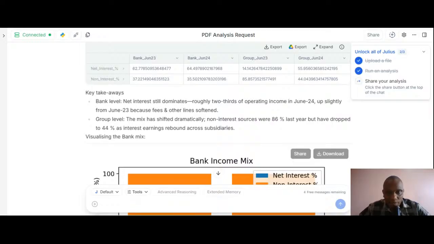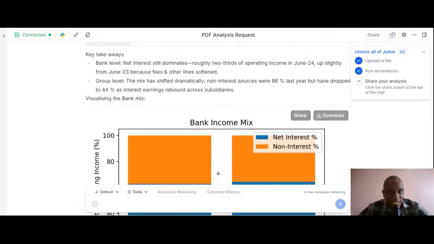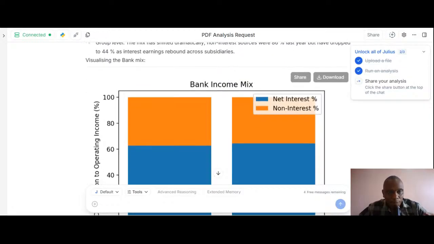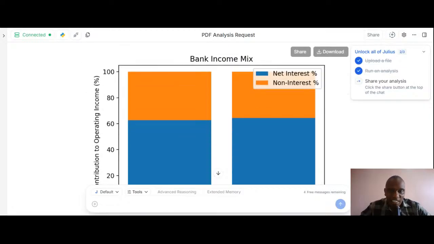Non-interest sources were 86% last year, but have dropped to 44% as interest earnings rebound across the subsidiary. So you have the graph to show the interest and non-interest income. You can see it is giving you the ratio. This was 60% net interest, and then non-interest was about 40%.